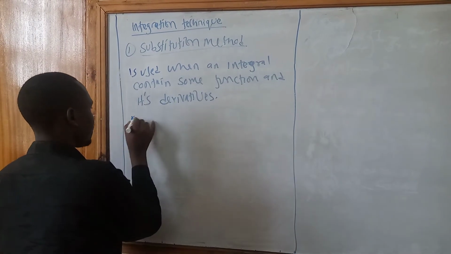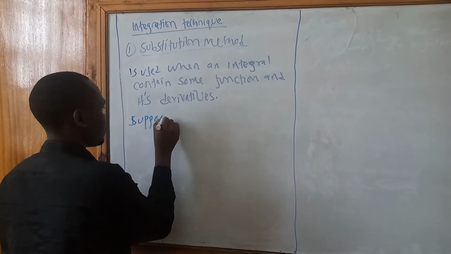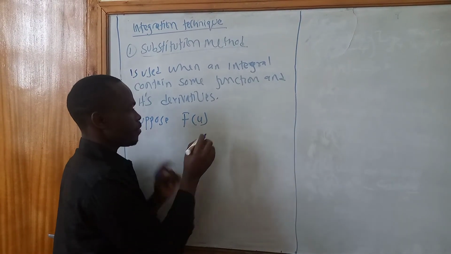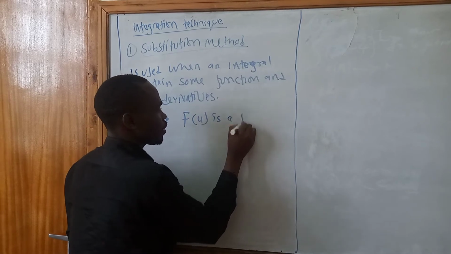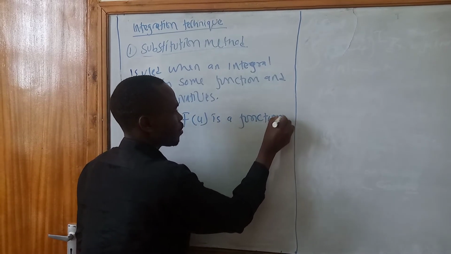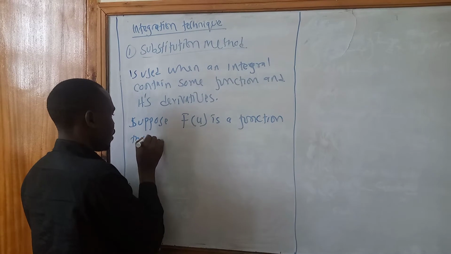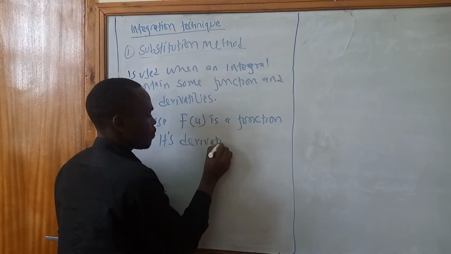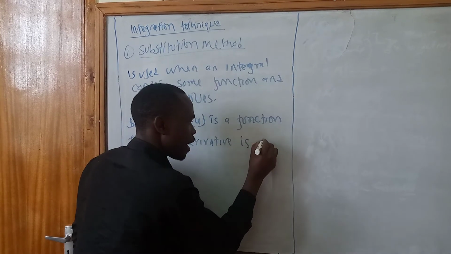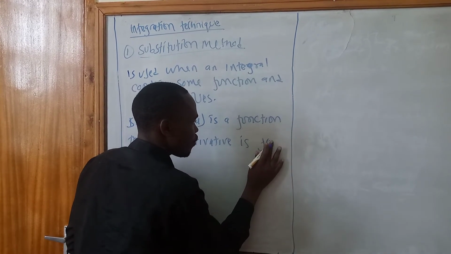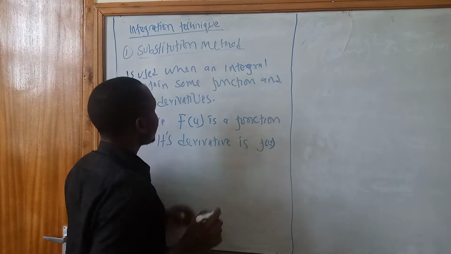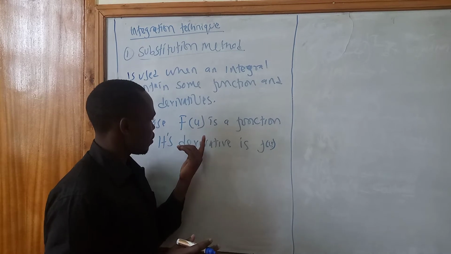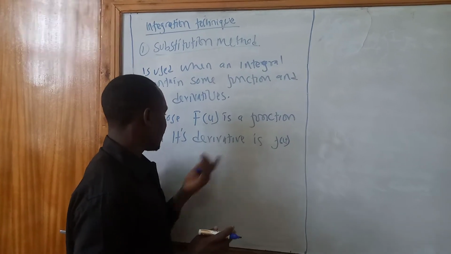Then suppose capital F is a function of u, then its derivative is f of u. In the substitution method, normally we use u to find the derivative and its derivative.